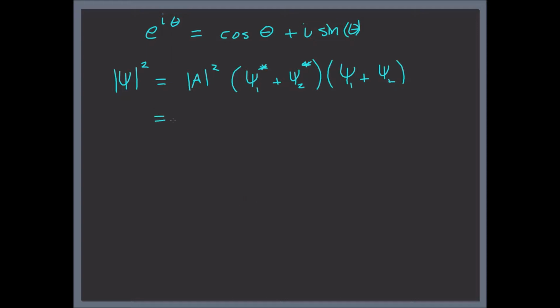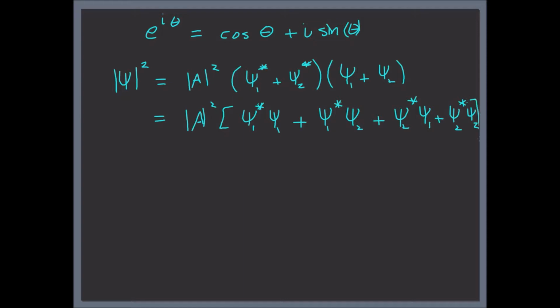We're gonna distribute, and we get the normalization constant magnitude squared times psi 1 star psi 1, plus psi 1 star psi 2, plus psi 2 star psi 1, plus the last term psi 2 star psi 2, close brackets, and then we're gonna integrate this and set it equal to 1.